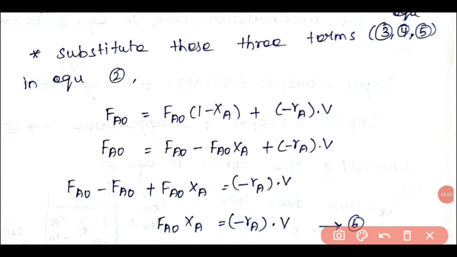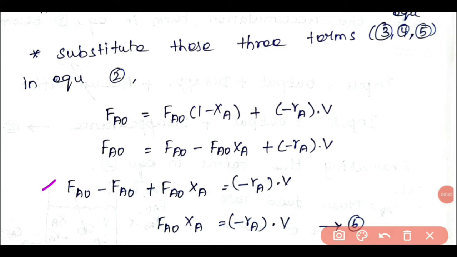Okay, next you just substitute all these three terms in equation 2, that is, your input Fa naught is equal to your output Fa naught into 1 minus Xa plus the rate of disappearance, minus Ra into V. Next, Fa naught is equal to Fa naught minus Fa naught Xa plus minus Ra into V. Then you rearrange the equation.